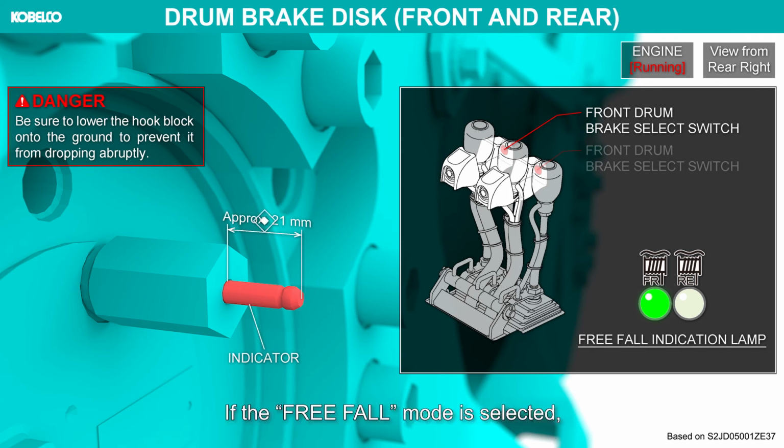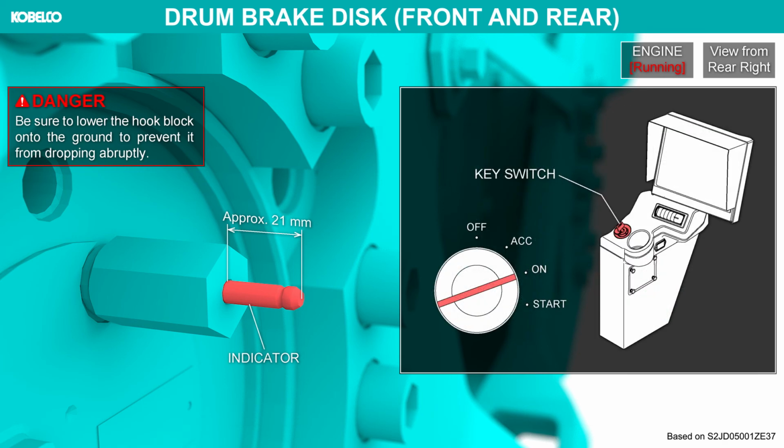If the free fall mode is selected, the indicator protrudes by approximately 21 mm. Stop the engine and press the indicator.